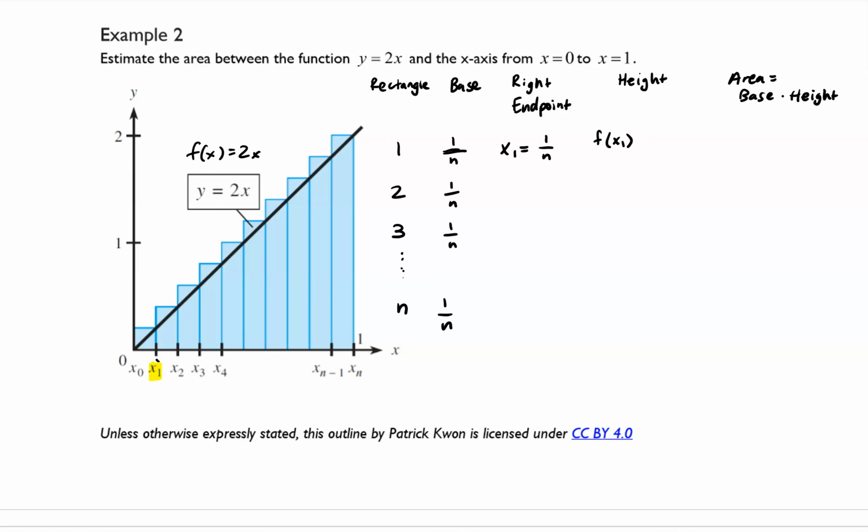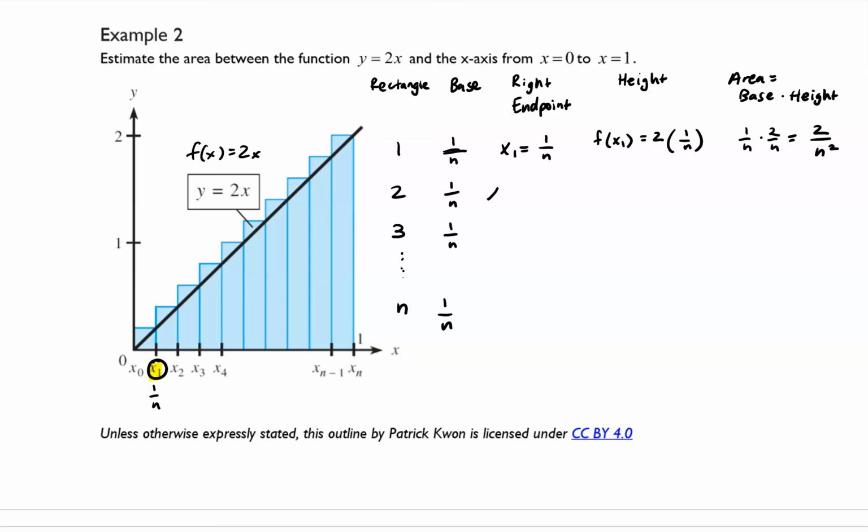So if this is x1 and it's equal to 1 over n, then the height of this rectangle here is going to be 2 times 1 over n. And then the area of that rectangle that I highlighted here is going to be the base, which is 1 over n, times the height, which is 2 over n. So it's going to be 2 over n squared.